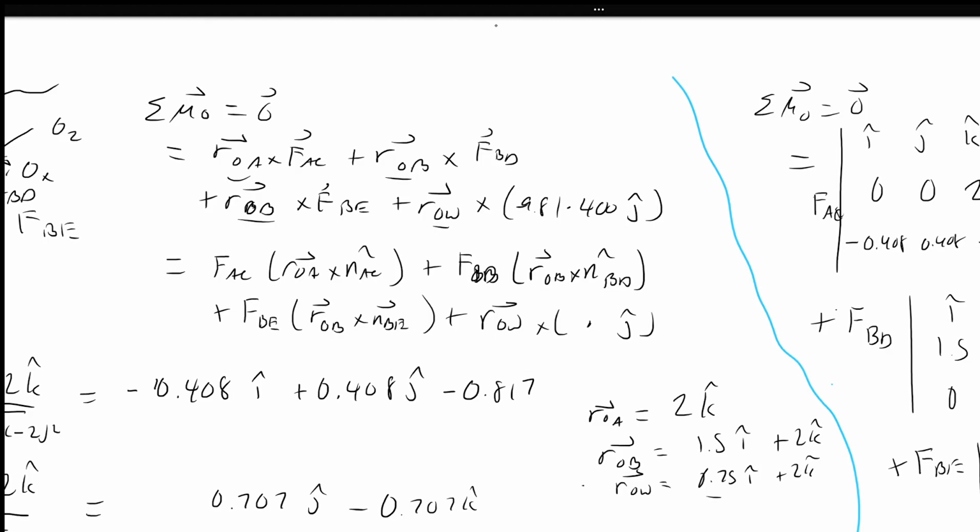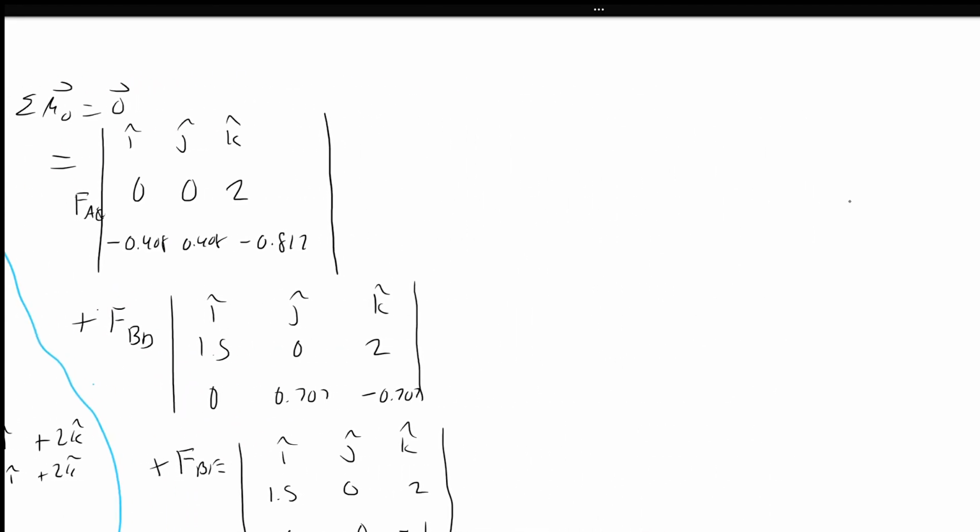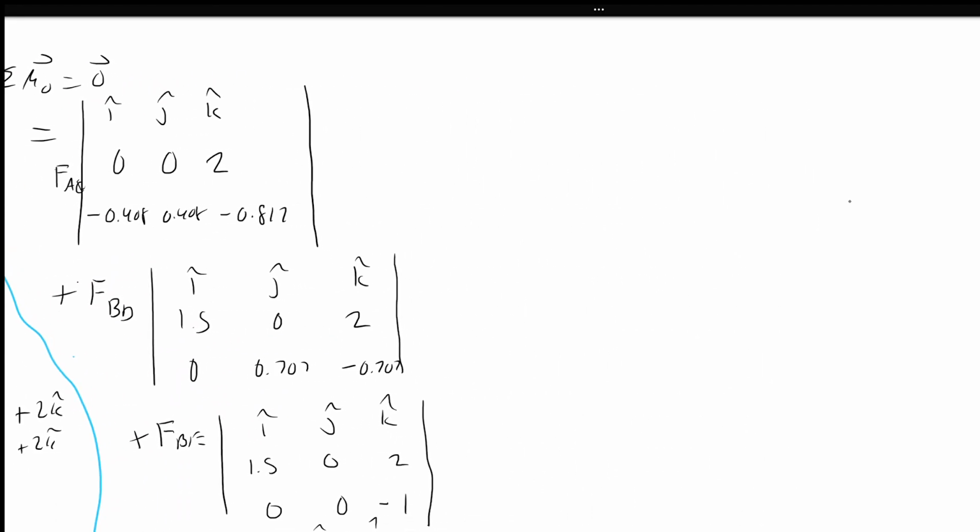Okay, now I can slide over. Was it worth it? I think so. All right, so for this first one, let me just put the FAC here now. So the I, we're going to do this determinant, and that'll be minus 2 times 0.408.